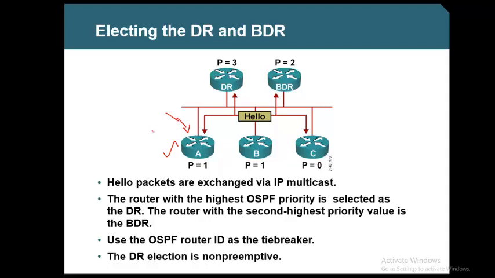Only this router is running OSPF. So after waiting 30 to 40 seconds maximum, it will promote itself as the designated router. Now if you bring in a router with a higher priority, it's of no use. Why? It's non-preemptive. If one is elected as DR, whoever comes, it won't give up the position.